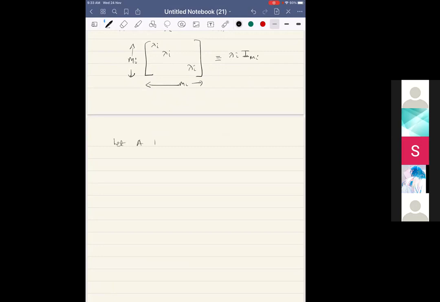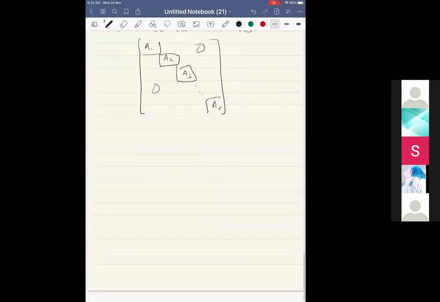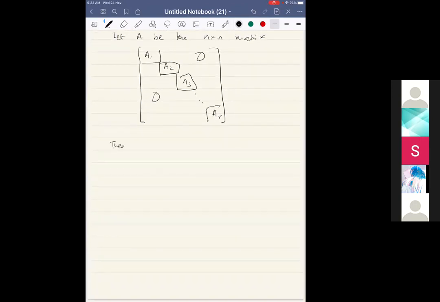Let A be the n cross n matrix with blocks A_1, A_2, A_3, up to A_r along the diagonal, like this, and zero everywhere else. Then P_A(T) is the product for i equal to 1 to r of (T minus lambda_i) to the m_i.